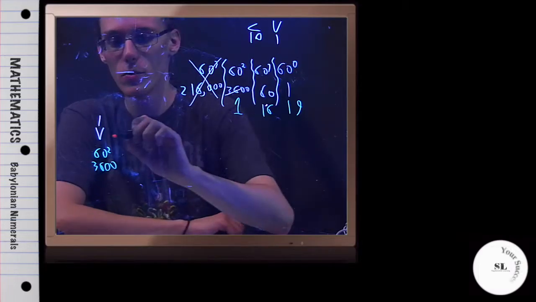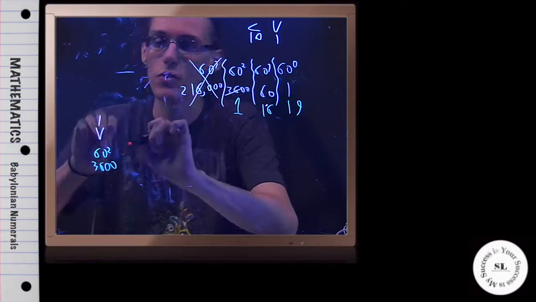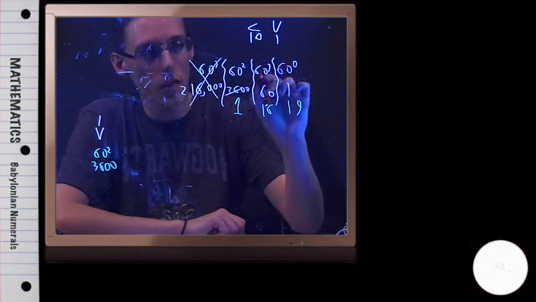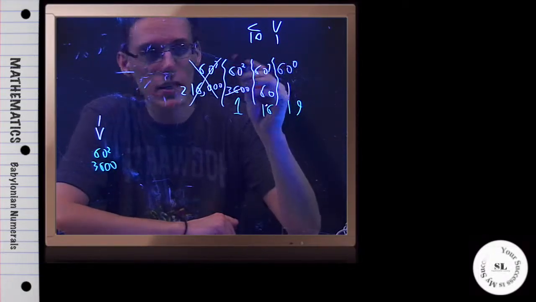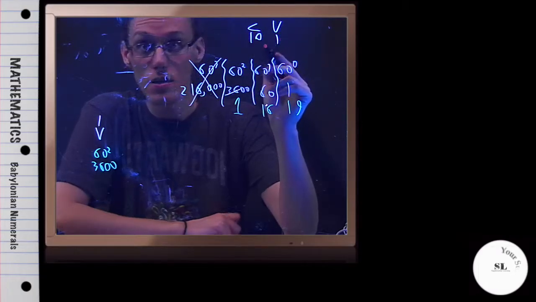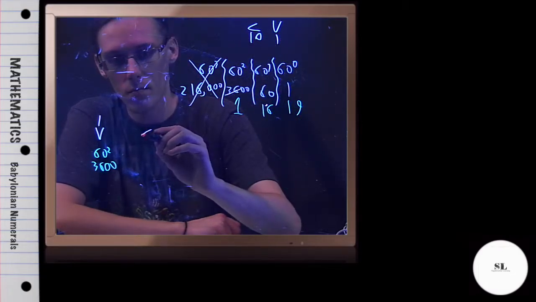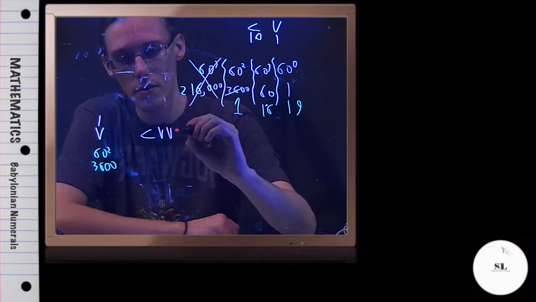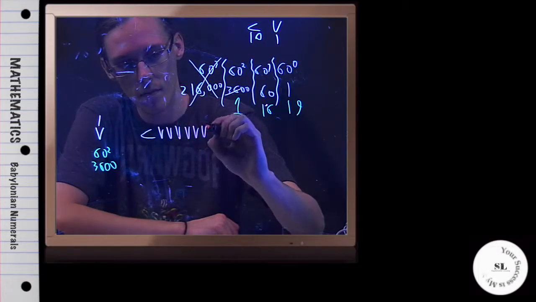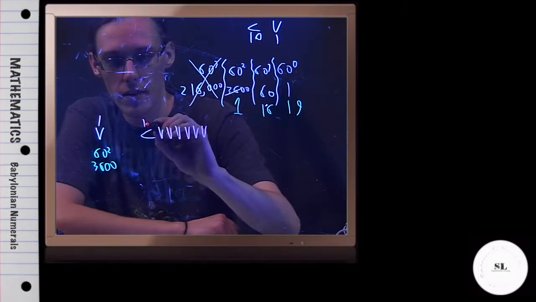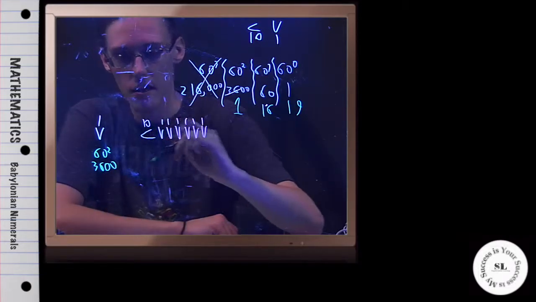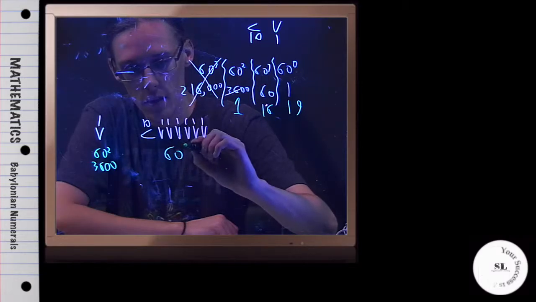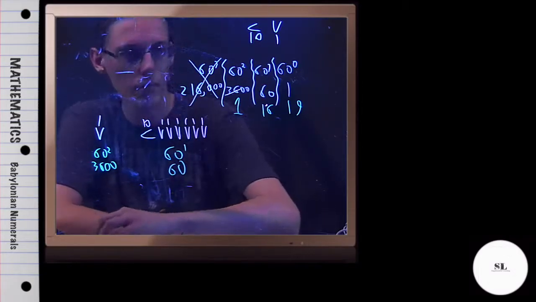Then I have to include a space so that you know that I've moved into a different position and go here to the 60s place. So how am I going to write 16? Well, that's going to be 10 plus 6. So I'm going to say 10 and then 6 ones. So just as a reminder, that's 10, 1, 1, 1, 1, 1, 1 for 6. And this is in the 60s place. 60 to the 1, which is 60.